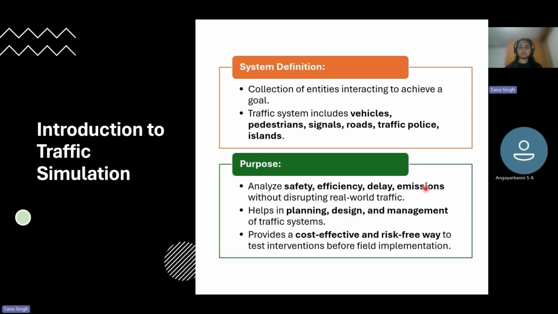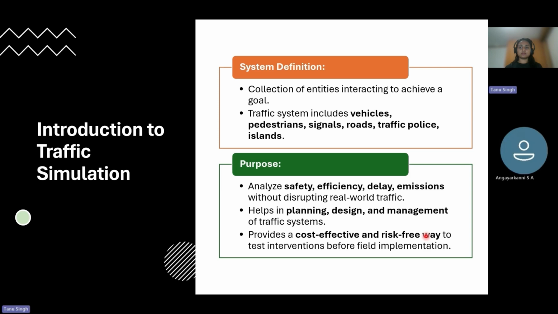Simulation helps us do this analyzing, planning, and designing in a more cost effective and risk free way, because if we are going to build a particular infrastructure, we can't do it directly in the real world, since that is a risk to be taken.